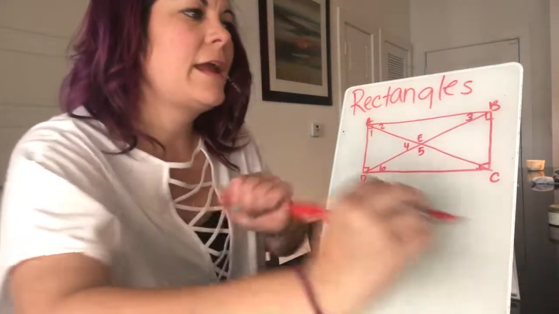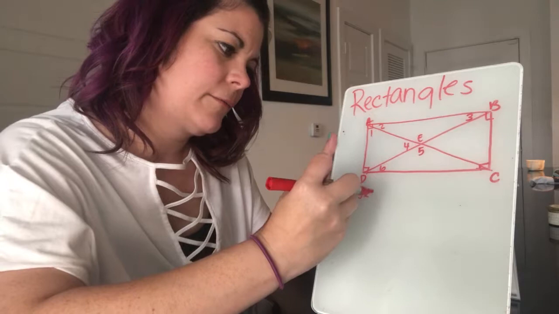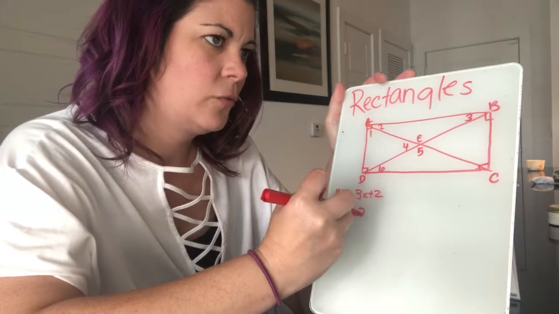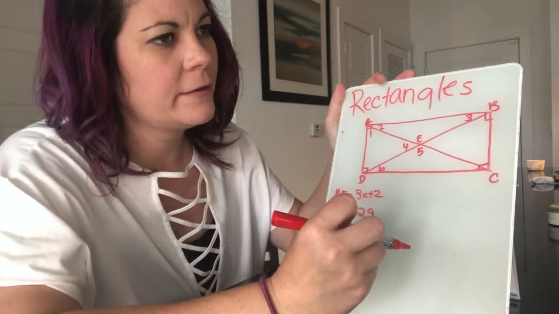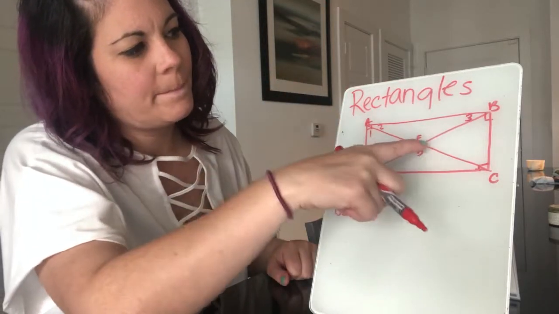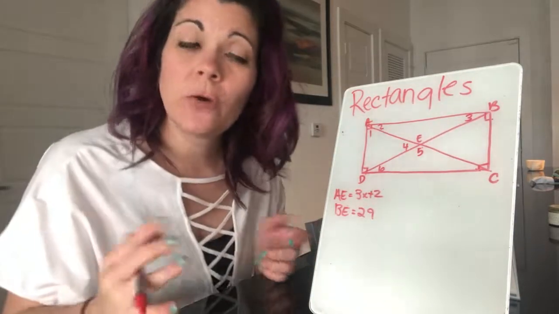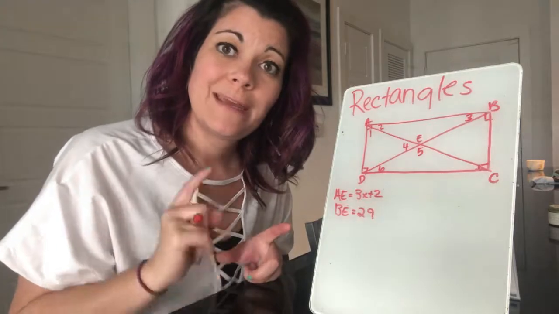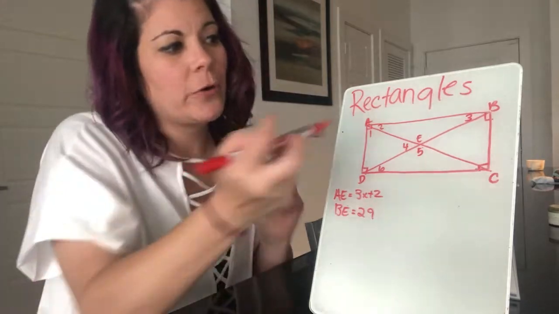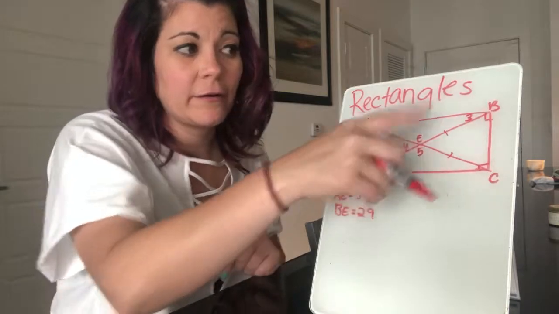It's saying if AE is 3x plus 2, so AE is equal to 3x plus 2, and BE is 29, it wants you to find the value of x. Well, knowing the theorem says if it is a rectangle, diagonals are congruent, and diagonals bisect each other, which means that all of these segments are congruent.